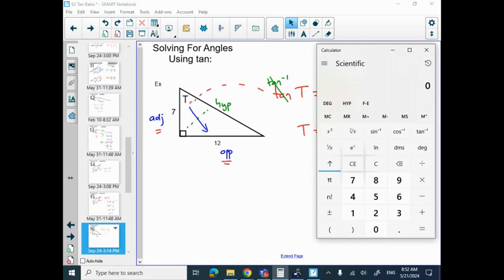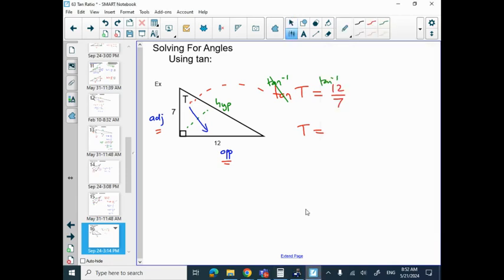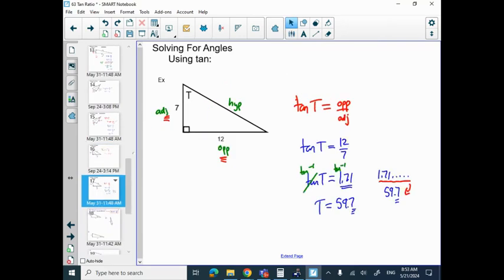I need to put that number in, so I store it: 12 divided by 7. And then I can just do tan inverse of it. Boom. So 59.7. And because it's an angle, we're getting degrees, right? So double check here, 59.7, good to go.